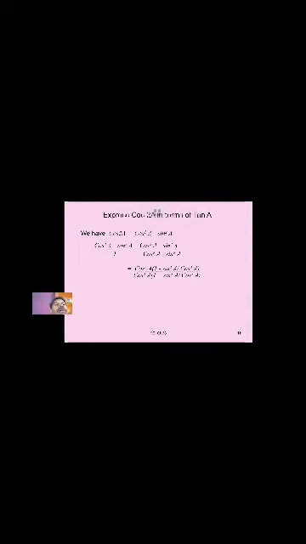Divide and multiply with cos square A. Otherwise don't do divide and multiply, just take a common cos square A from numerator and denominator.